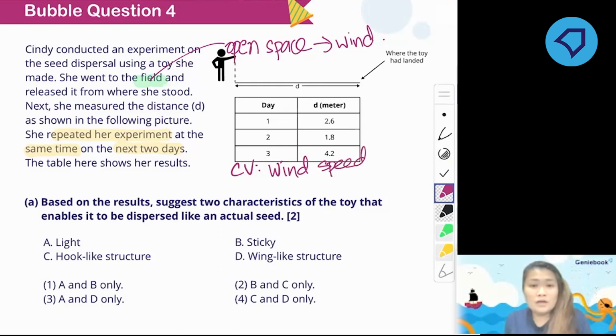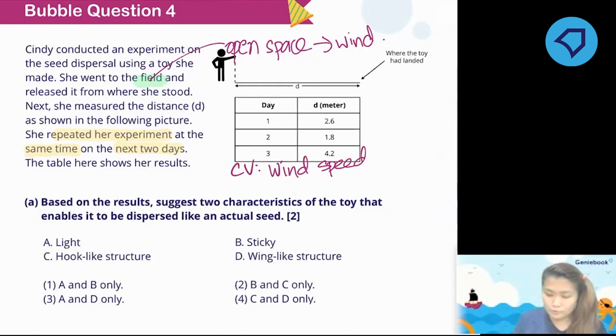Because if you look at it, on different days, day 1, the toy only travels 2.6 meters. On day 2, it travels 1.8 meters. Means it travels a shorter distance, right? If the wind and all weather conditions are the same, then it should travel the same distance.